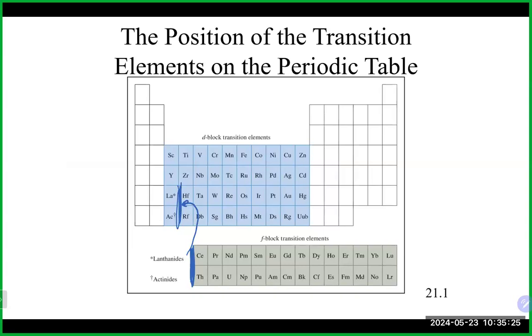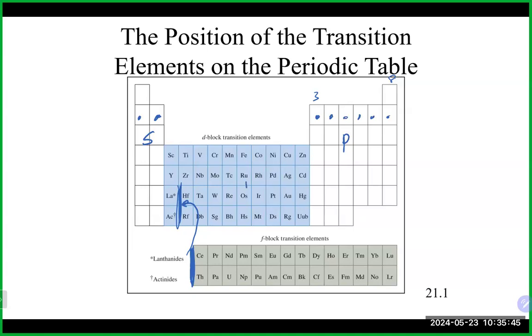Also on the periodic table, right, we have our configuration blocks. This is the S block, which has 2 electrons, 1 and 2. From groups 3 through 8, that is our P block, which has 6 electrons, 1, 2, 3, 4, 5, 6, if you filled up the P subshell.